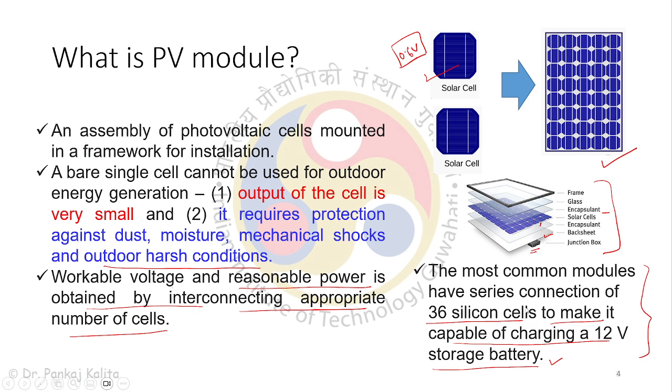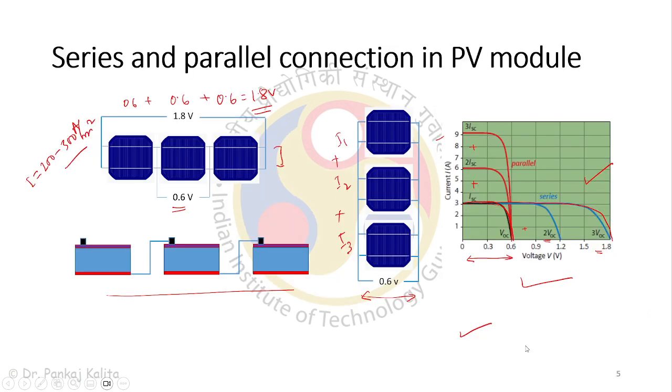So the most common module has a series connection of 36 silicon cells to make it capable of charging a 12-volt storage battery. So if we combine these solar cells in series, what happens is your voltage increases, right? That affects the voltage. If we combine in parallel, then your corresponding current value increases.